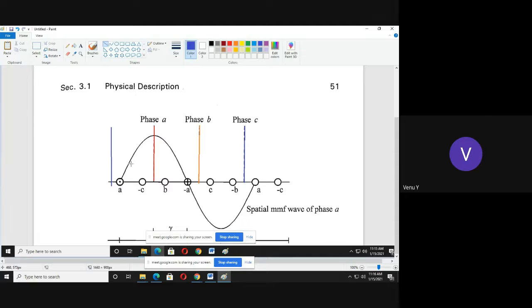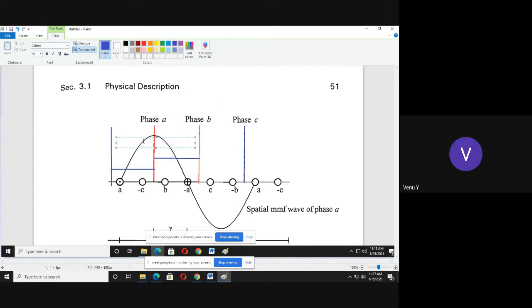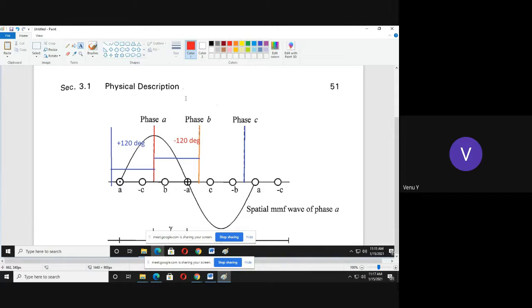This is phase C. So the angle between these two and these two is plus 120 degrees, minus 120 degrees.